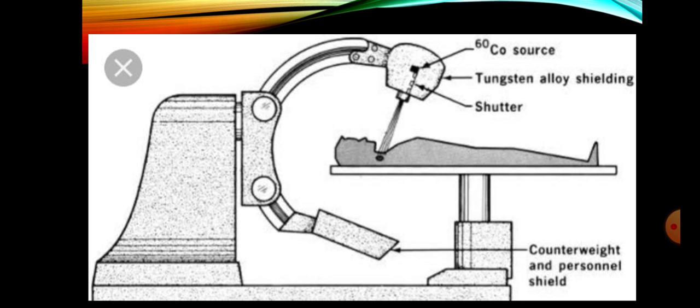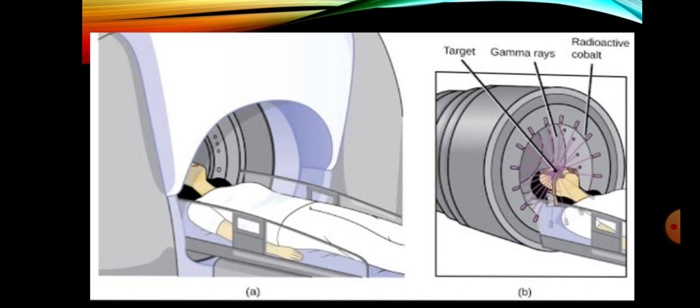Cobalt 60 produces gamma radiations, and gamma radiation destroys the tumors. You can also see on your screen the targeted gamma rays from the radioactive cobalt destroying the tumors in the body.